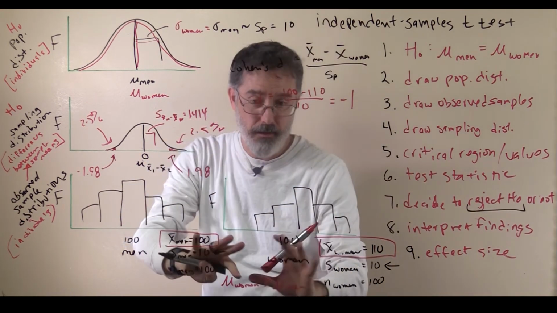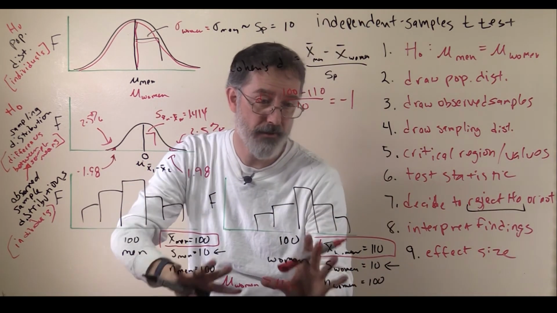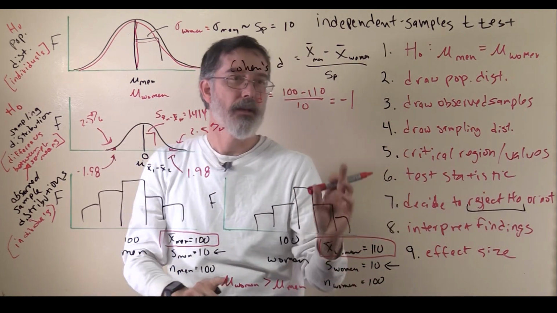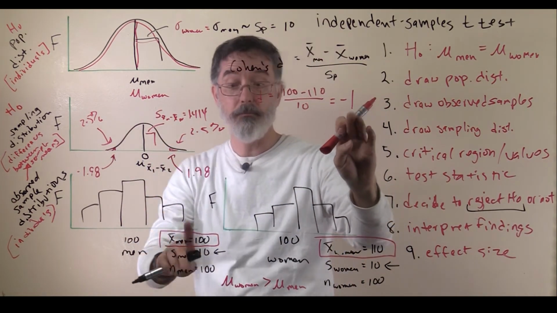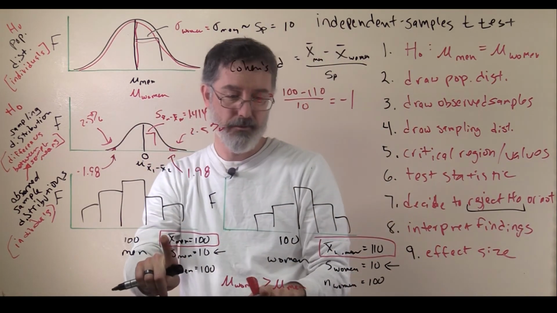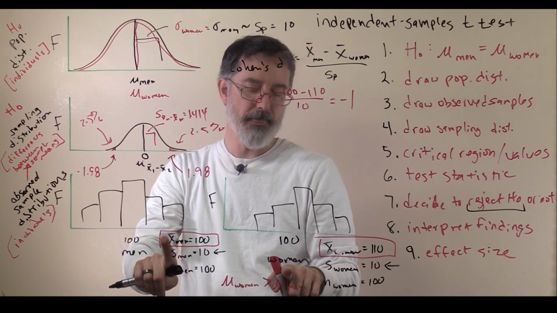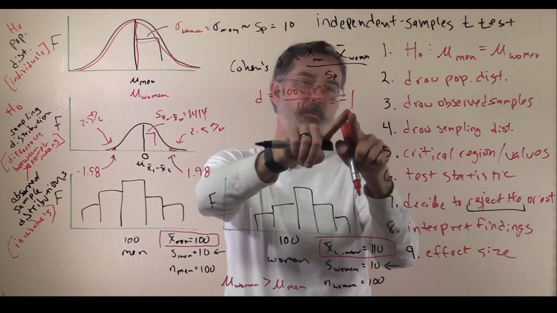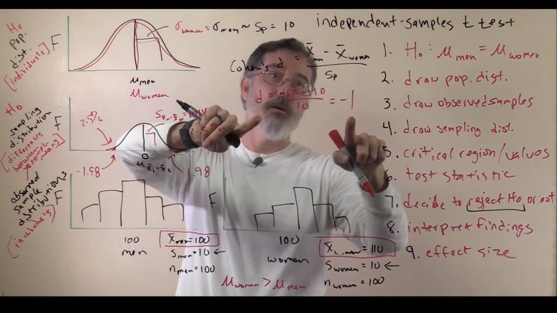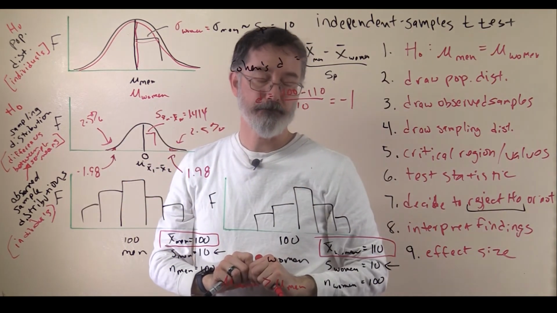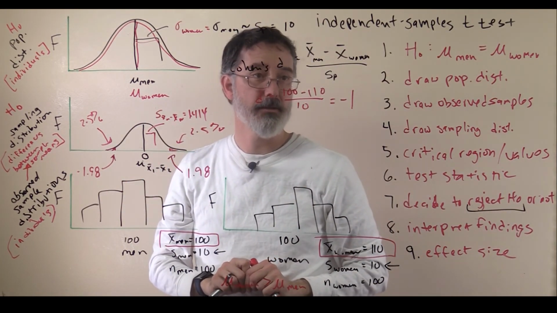So based on all the information we have from our samples, our best guess is that men's population mean is 1 standard deviation below women's. So that's a pretty substantial difference.